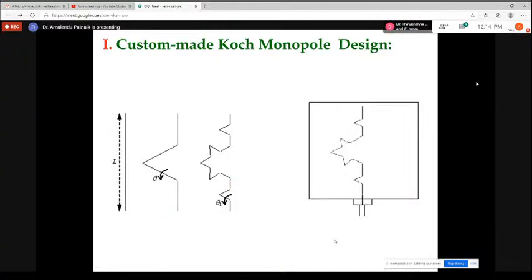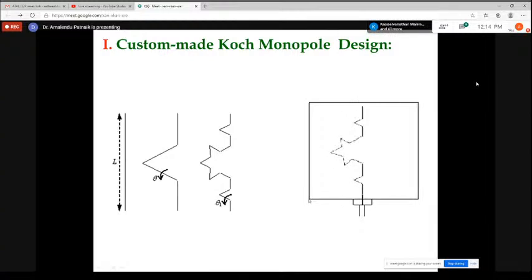Although we have used this technique to find different antenna solutions, this typical example is designing a custom-made Koch monopole antenna. On the right-hand side, you can see the shape of a Koch monopole antenna.